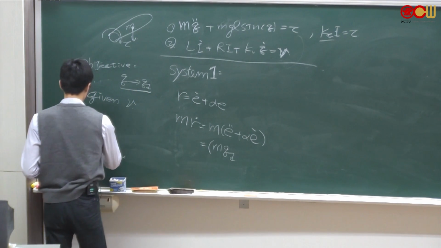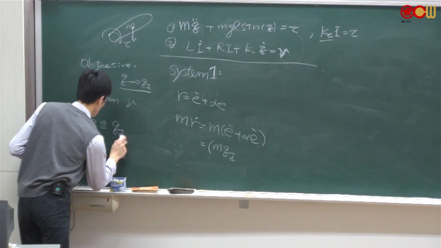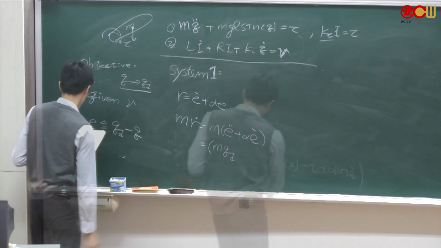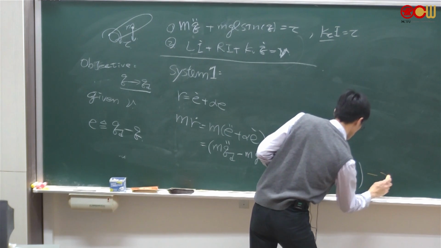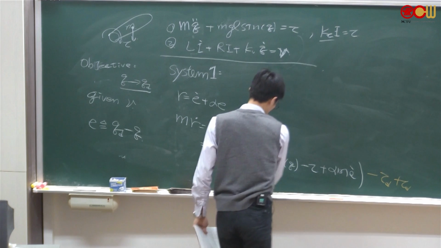Let's define E as QD minus Q. Again, subtract tau D and add tau D with the virtual control.